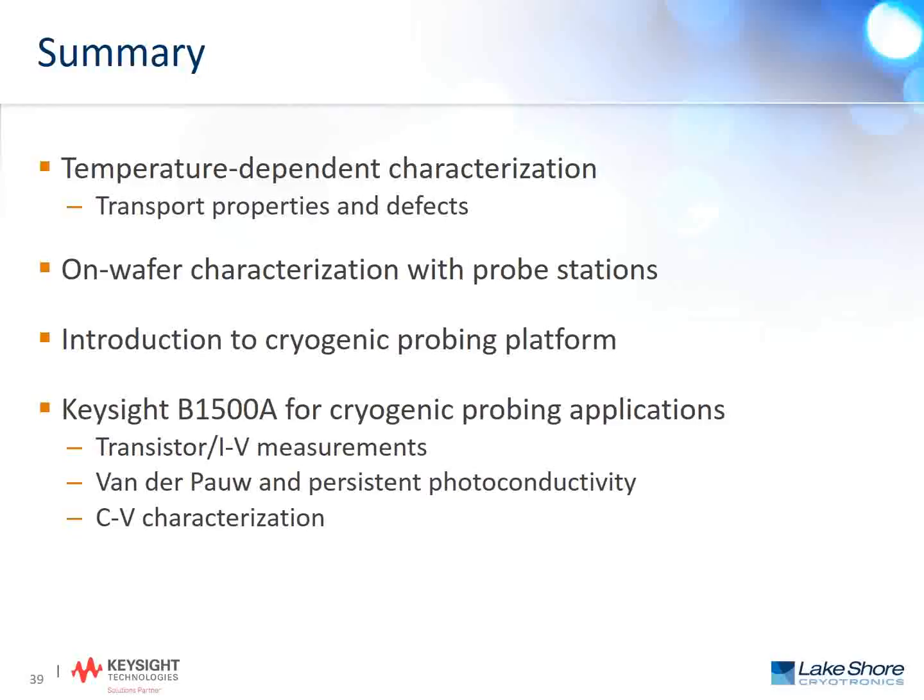We introduced you to the cryogenic probing platform offered by Lakeshore. And finally, we looked at a few applications using the Keysight B1500 for these various device and materials characterization. Those included transistor IV measurements, the van der Pauw, and persistent photoconductivity, and finally CV characterization.